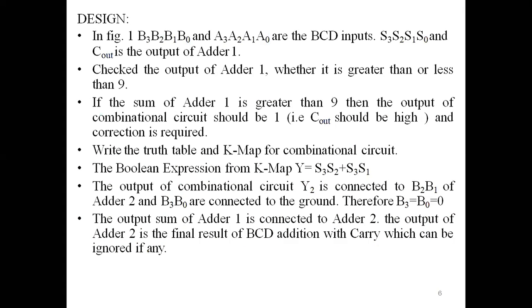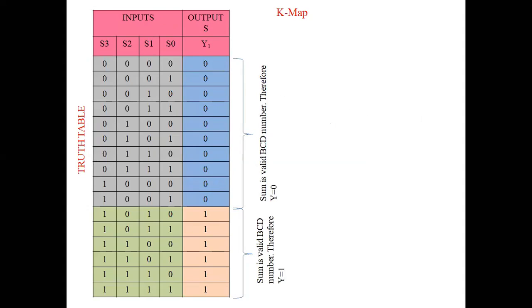So here we have to take the values, that is addend and augend, that is A value and B value, and we have to take the S3 S2 S1 and S0 values, the output of the adder. So first we have to see, this is the truth table for BCD addition, that is BCD numbers, binary coded decimal.